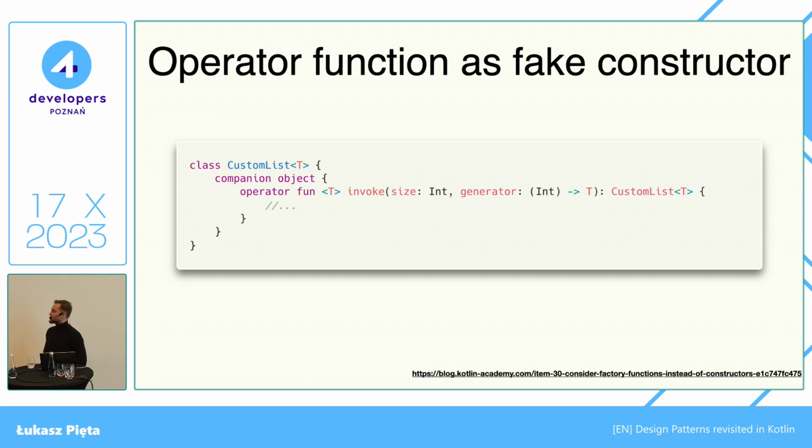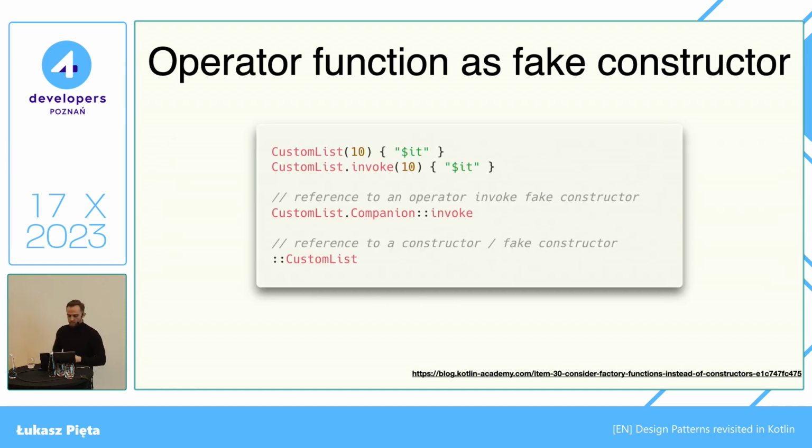Using a companion object and using this operator overload, we can actually do the same as we did with the function. With this difference, as you can see here, that not only do we have a constructor, which is fake because it's a function in a companion object, we also have this invoke function. And this is messy a little bit, right?